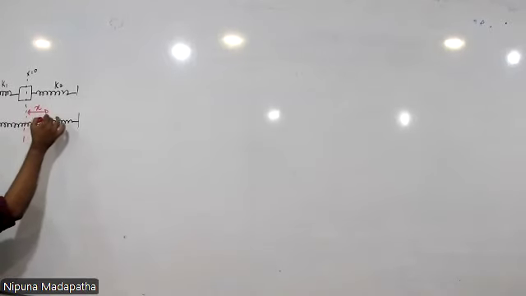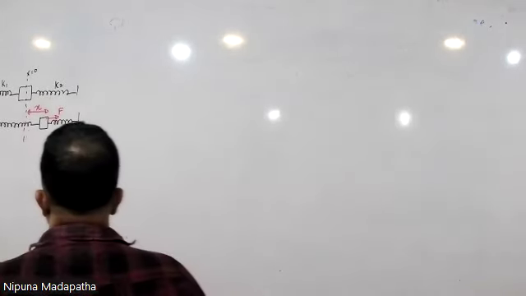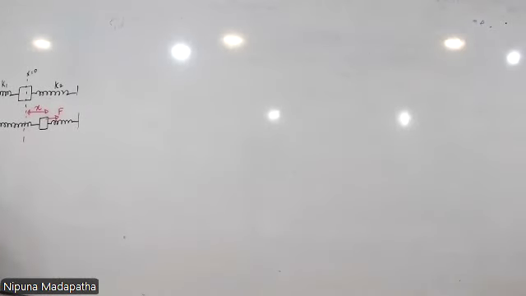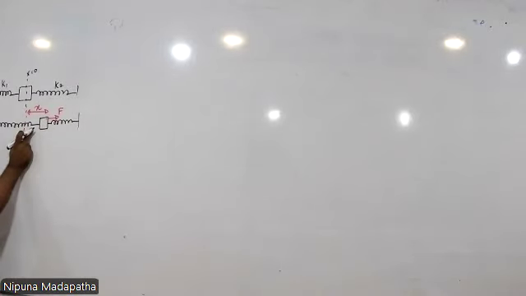The total force applied is capital F. Then what are the forces acting on each of these springs? If you consider the forces acting on the mass M, this spring exerts a force in which direction?